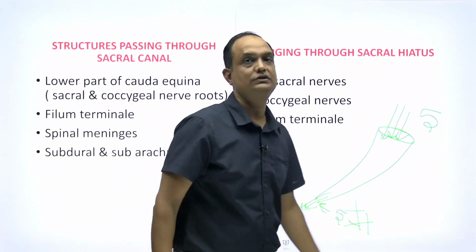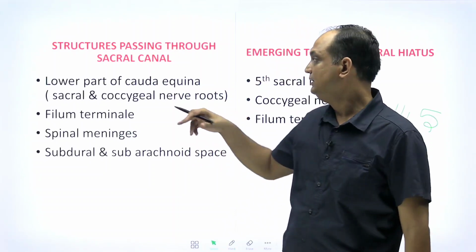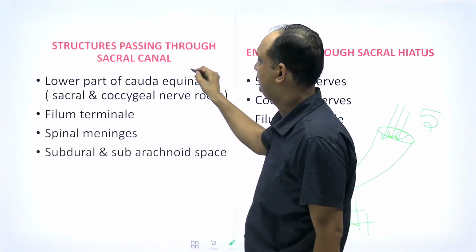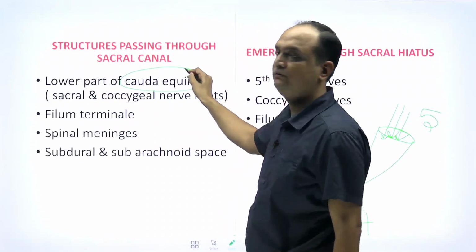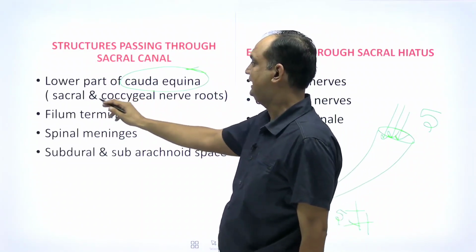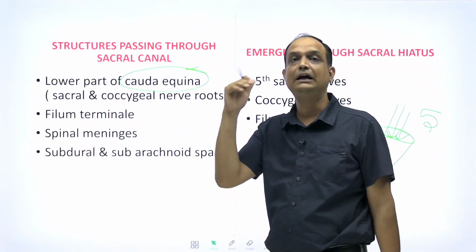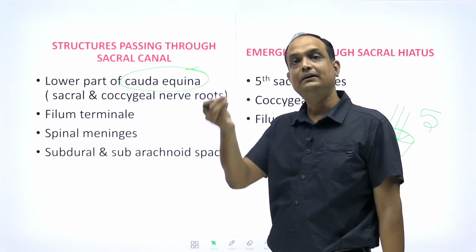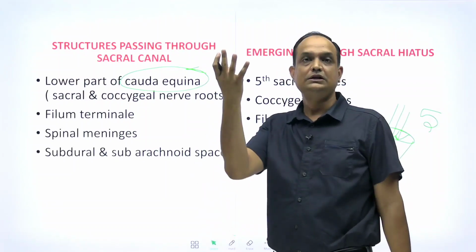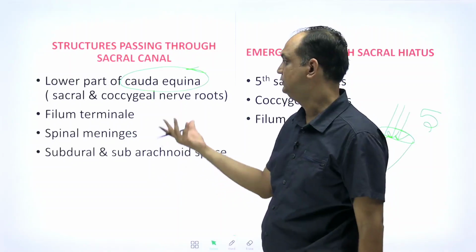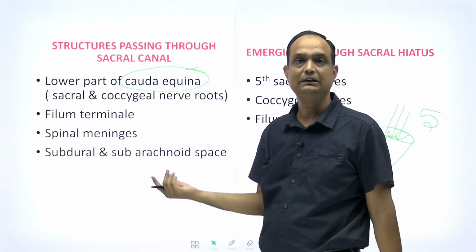So what structures enter the sacral canal? The structures that enter the sacral canal are the lower part of the cauda equina. What is this lower part of the cauda equina? These are actually the sacral and coccygeal nerve roots. I just showed you that the spinal cord ends at the level of L1, L2, and the lower spinal nerve roots, known as the cauda equina, enter the sacral canal.